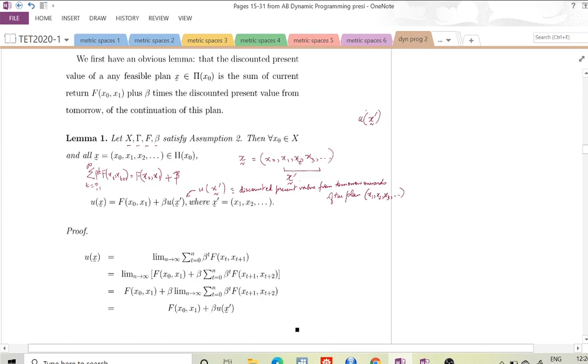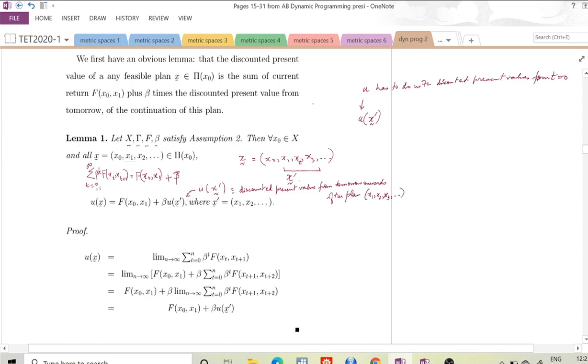And when I write that, I want to keep in mind that this u function has to do with discounted present values from t equals 0, starting at 0, whereas this starts at 1.